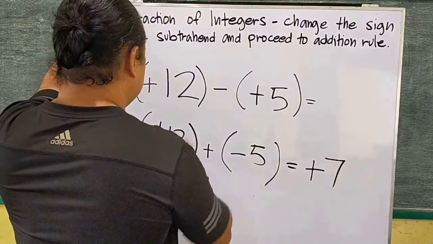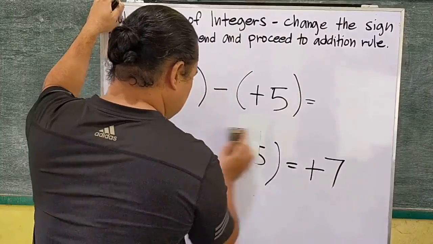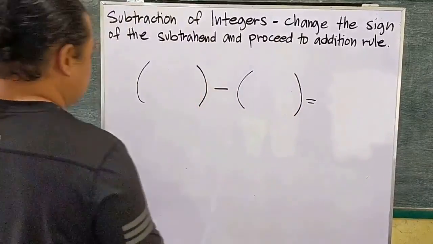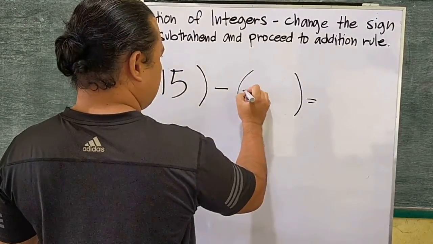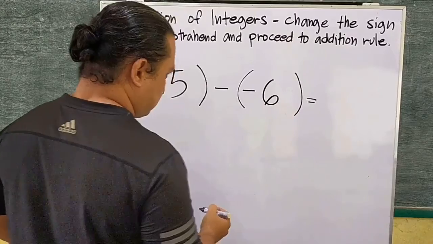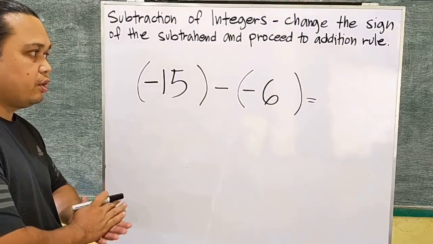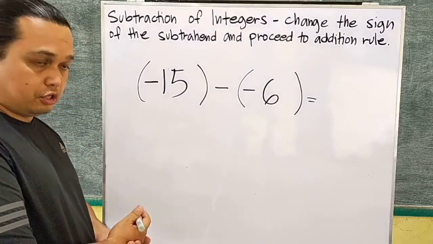How about if we have negative 15 minus negative 6? In our example here, we have two negative integers.